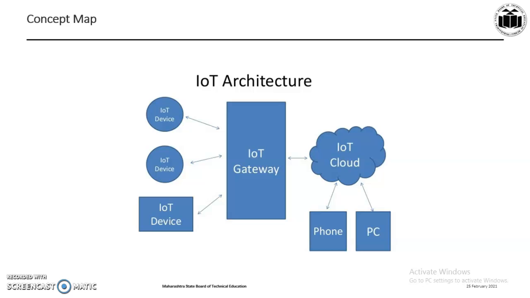And then the information is given to the gateway, from where it is further given to the cloud or server, where the analysis is done, the information is extracted, and it is then given to the user on various devices. For example, it can be as simple as a phone or a PC or any user hand devices.